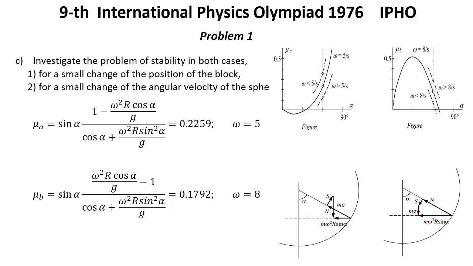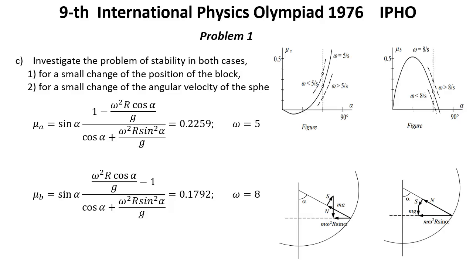And let's investigate our questions by quality assumptions. So first, let's investigate case A, when we have small omega and force of friction going up. So it means that if we decrease our omega a little bit, our body starts to move down. And if we increase omega, it means that we just decrease the force of friction and it still will not move.